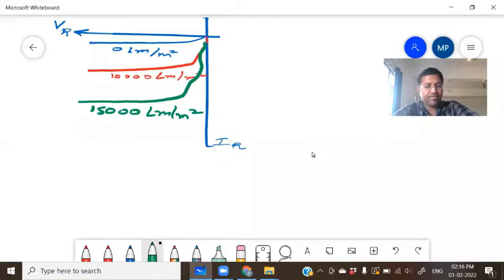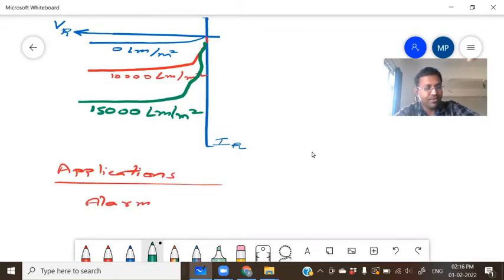Next, we will go for applications of the photodiode. First, it is useful in alarm systems. Suppose some thief comes.